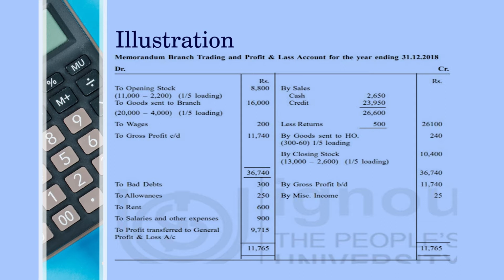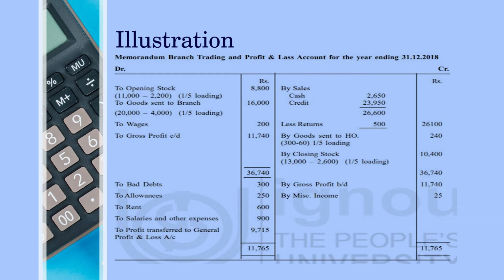Opening stock is given as 11,000 and the loading amount is 1/5. So 1/5 of 11,000 is 2,200, and therefore the net amount will be 8,800. To opening stock, 8,800.